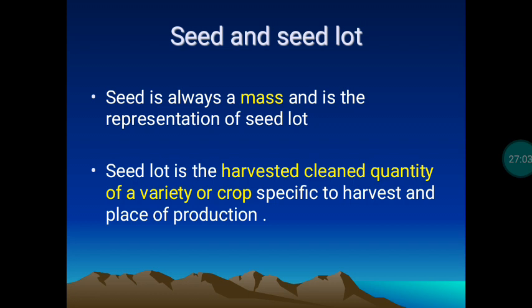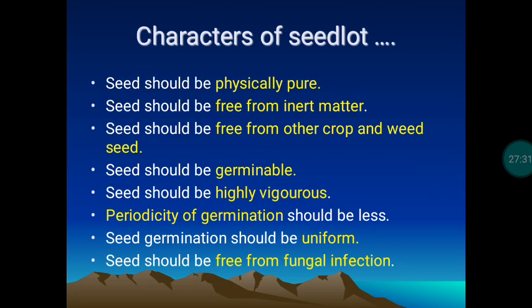You should not, because even though both are the same variety, because of the change in location, there is a chance for some sort of developmental variation. So to avoid all those things, we have to keep that material separately, this one also separately. This is the first and foremost important property with reference to seed.